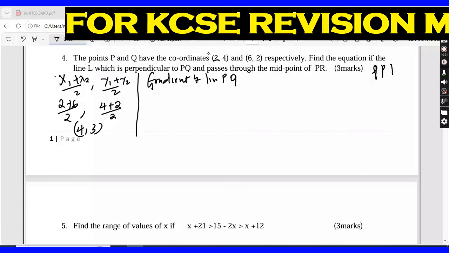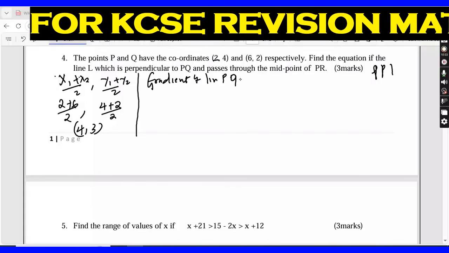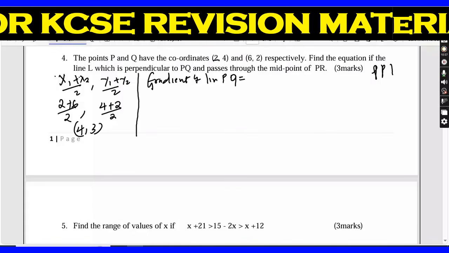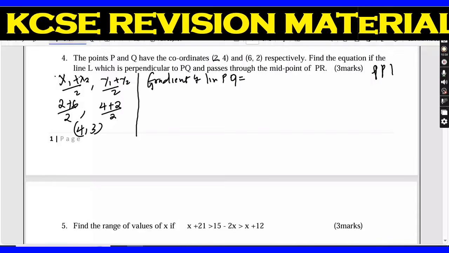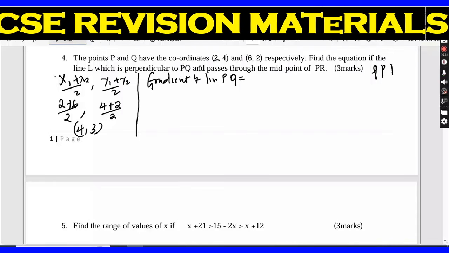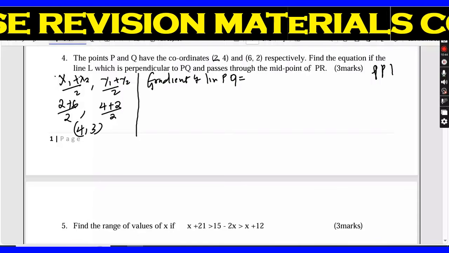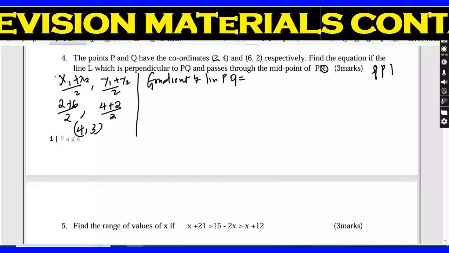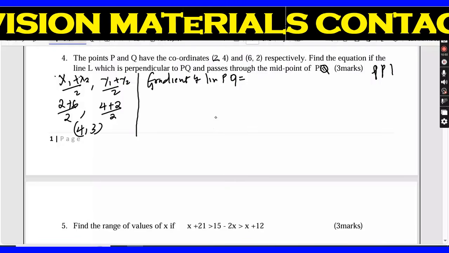Here the gradient of line PQ is equal to, because R is the midpoint, the equation of L is perpendicular to PQ and passes through the midpoint of PQ.